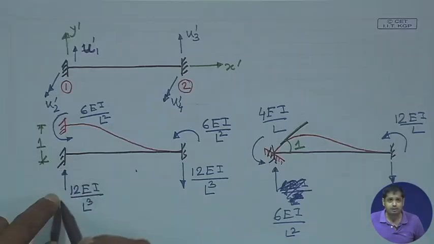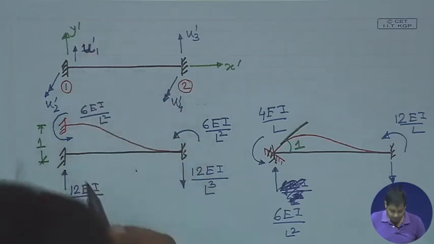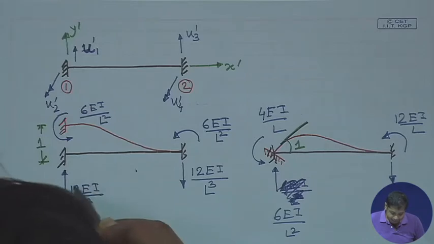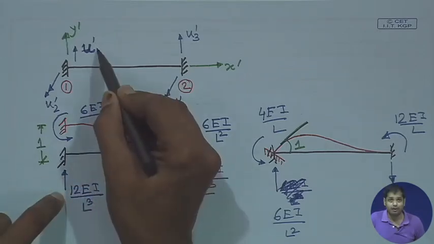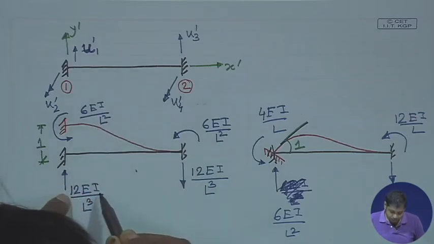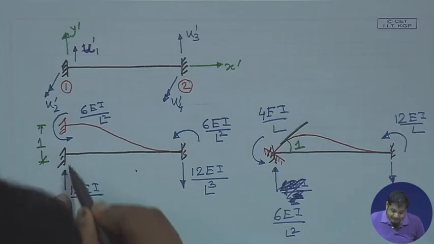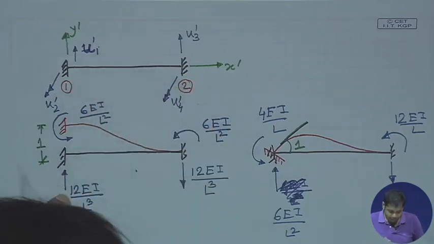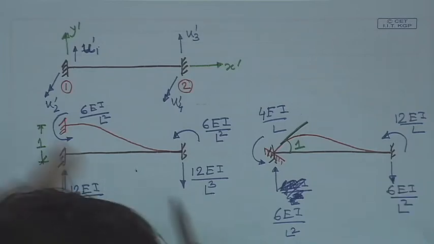Similarly, now you see here, this is the force in degree of freedom 1, and this force is generated due to U1'. So, this is essentially your force in the direction of degree of freedom 1 due to degree of freedom 1. Now, what is this force?